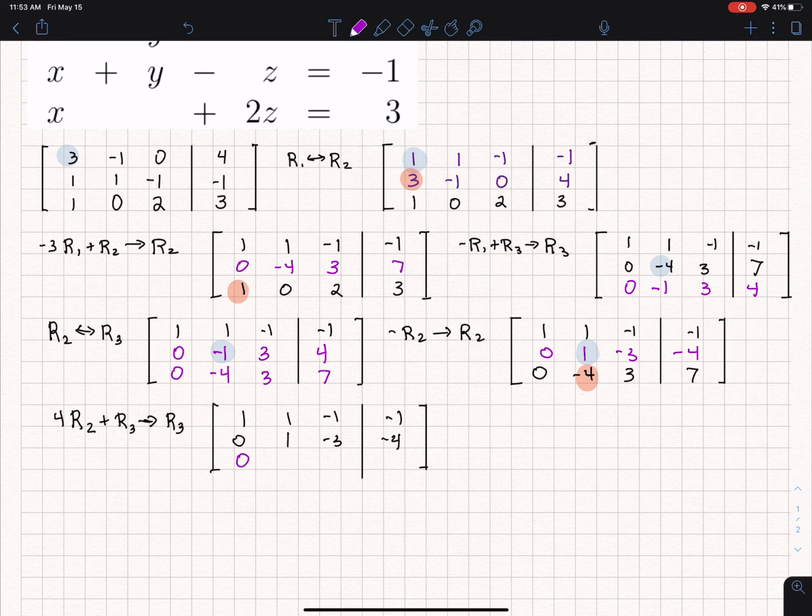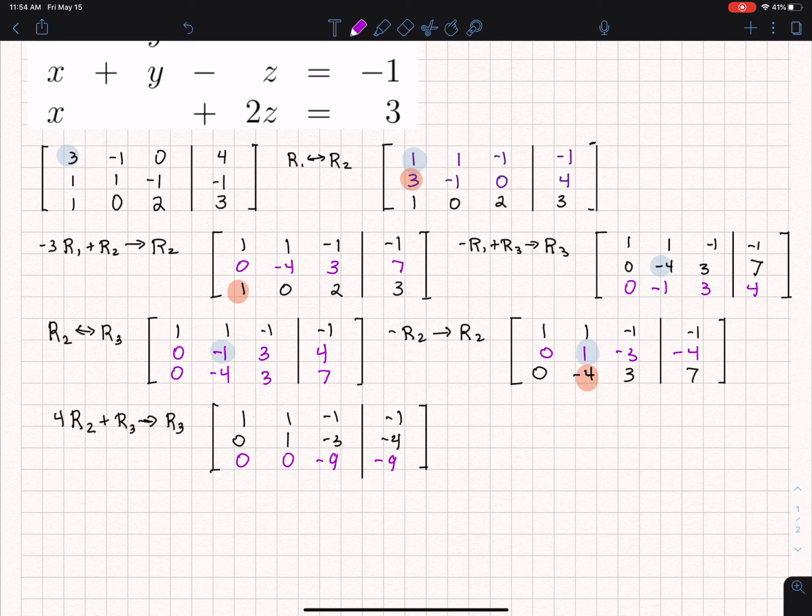So I have 0. So I'm multiplying by +4 and adding, and I get 0. +4 and adding, that's -12 plus 3 is -9. +4 times -4 is -16 plus 9 plus 7 is -9.